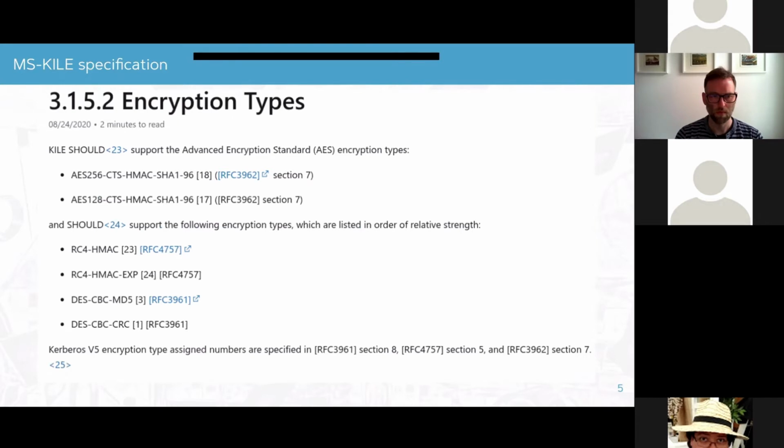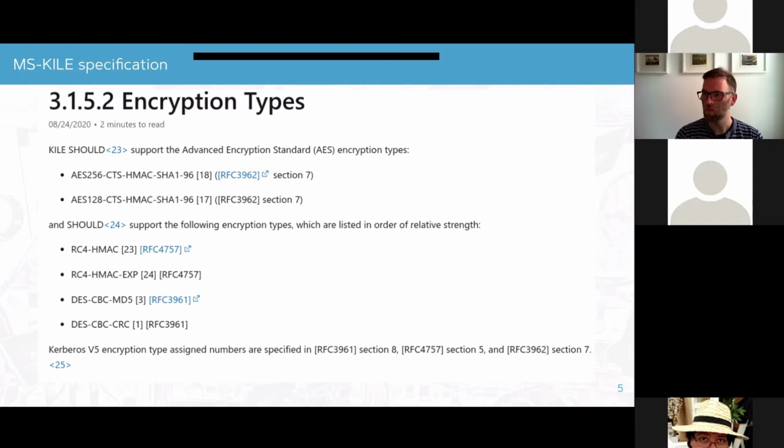If we look into one of the specifications we rely on in Active Directory interoperability, it's the MS-KILE specification that describes how Active Directory compatible systems should operate. The encryption types defined in this specification include a lot of different encryption types.